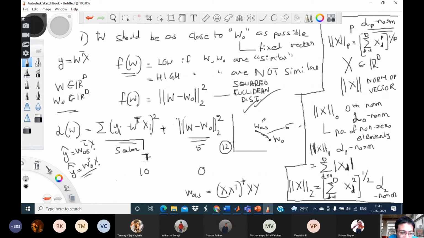But suppose the loss which I incur in the loss function, in the model fitting part, is more important to me than the loss I may incur in this part, because making W closer to W naught may not be of a great priority to me.